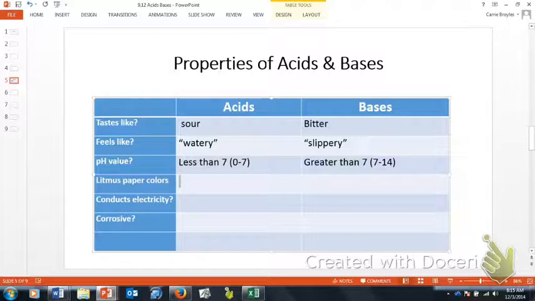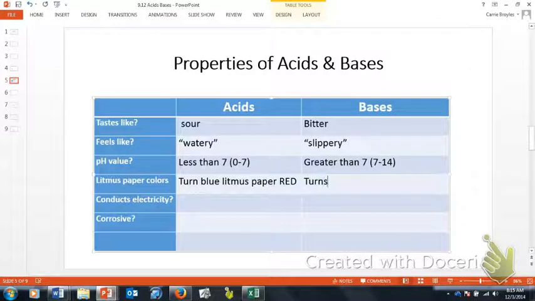Now, litmus paper will turn colors if you have an acid and if you have a base. It will not turn colors if you have a neutral substance. That's important to remember on how an indicator works. If you have an acid, it will turn blue litmus paper red. Okay? That's important to remember. But if you are testing for a base, here's another thing that will make it easy.